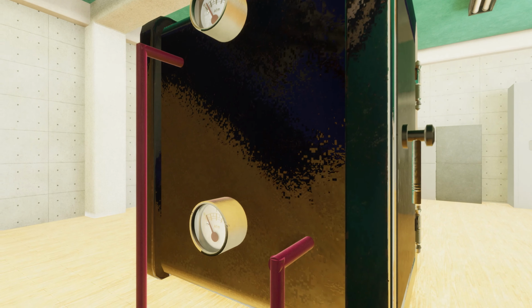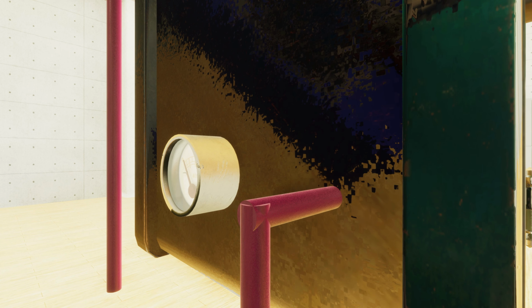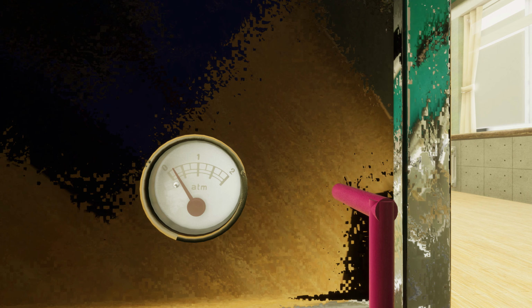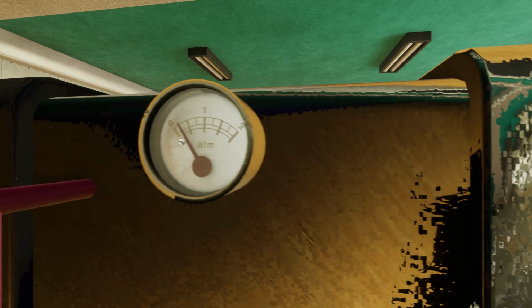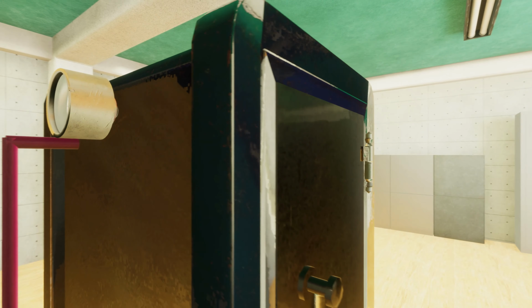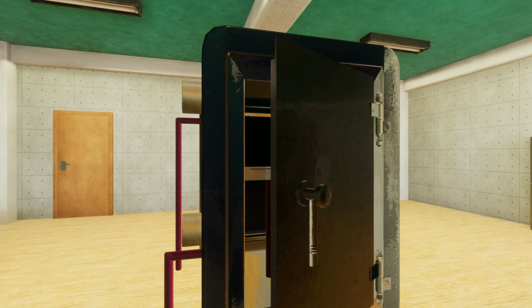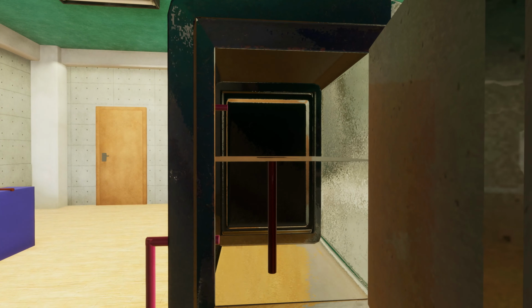Let's look at our lab. We have tubes to bring the gas into the box of barometers to measure their pressure. And let's open the box. The volume is equivalent right now.